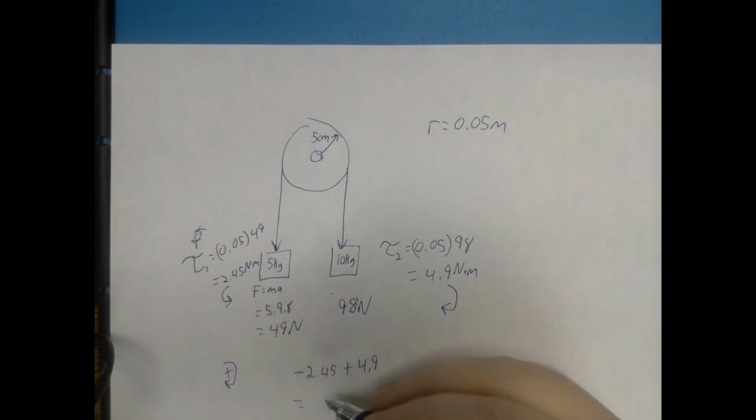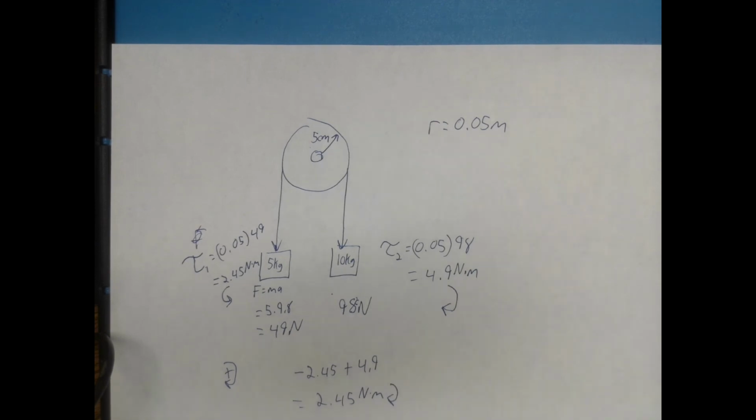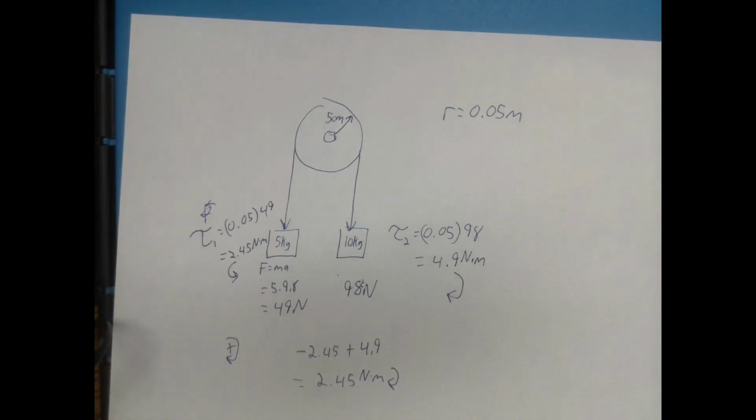And so I get a total torque of 2.45. It is positive, so basically this will start rotating faster and faster and faster. I believe that's it. Know how to do some F equals ma? I don't think I have any kinematics actually on this test.